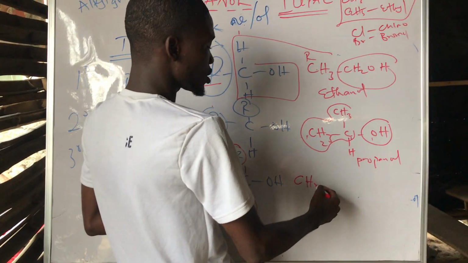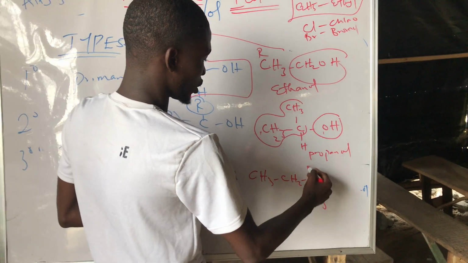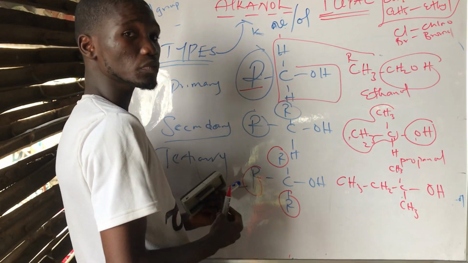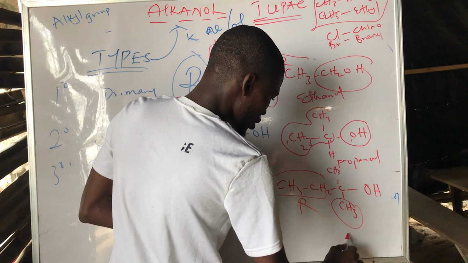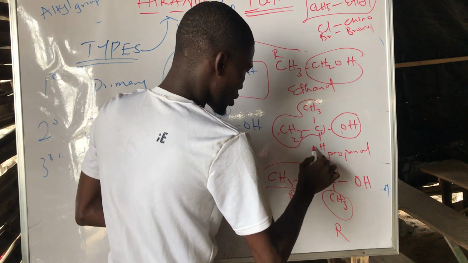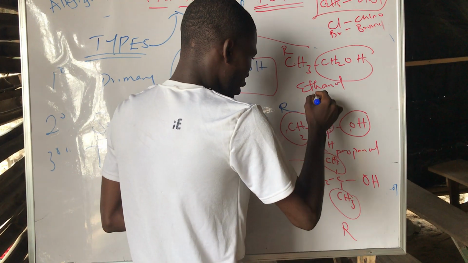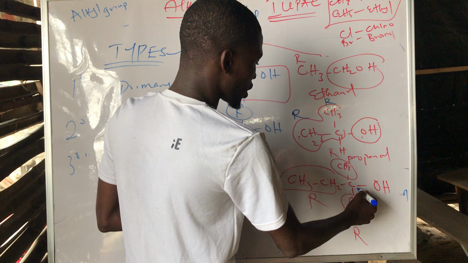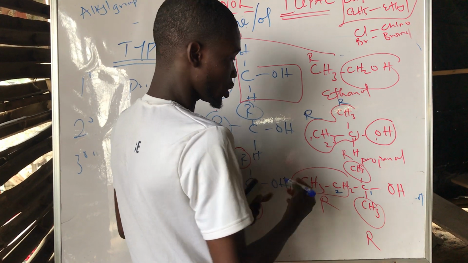So we can say we have CH3, CH2, CH3, CH3, OH. So now this one is one alkyl, another alkyl, another alkyl. The same way we have one alkyl here, the second alkyl here now. So if you have to name this compound, we said we have 1, 2, 3.